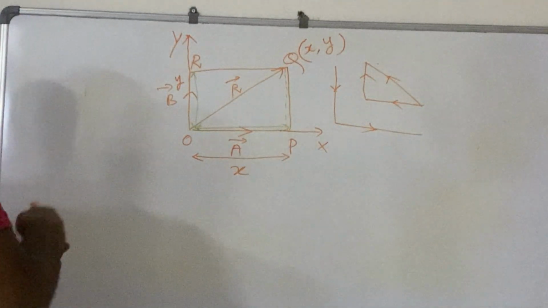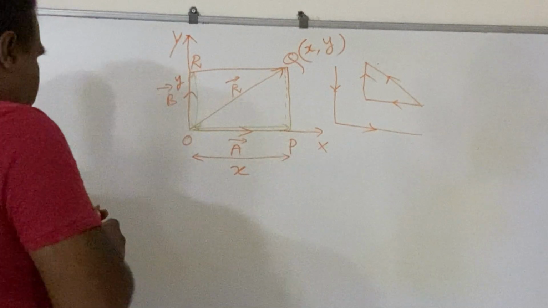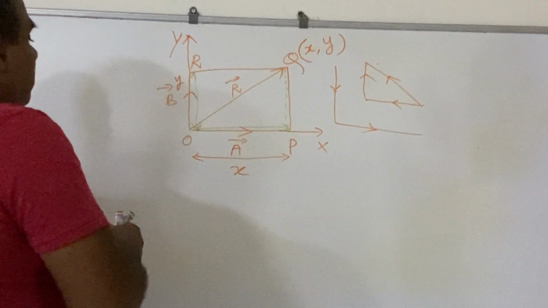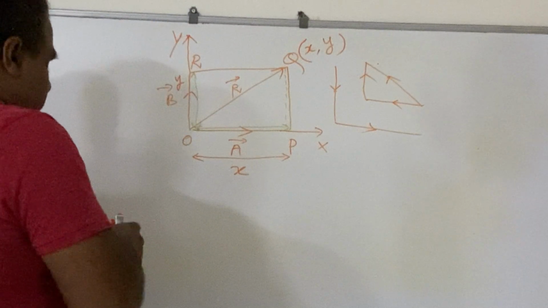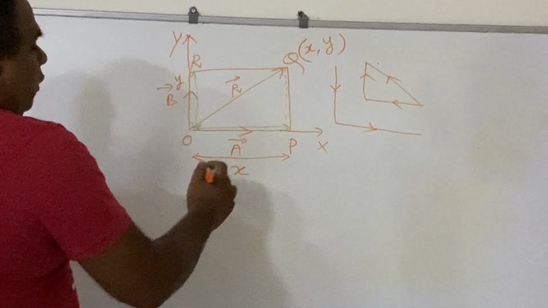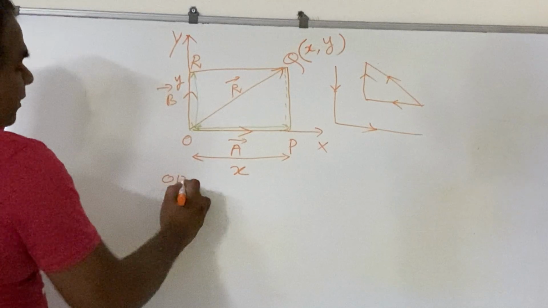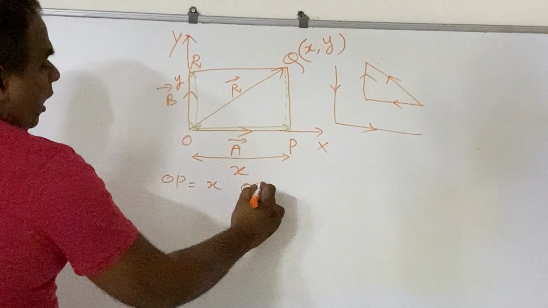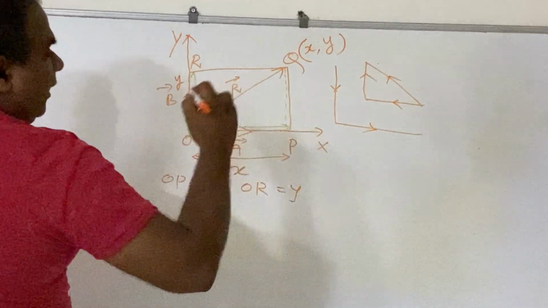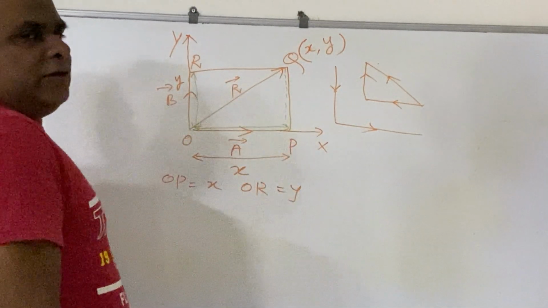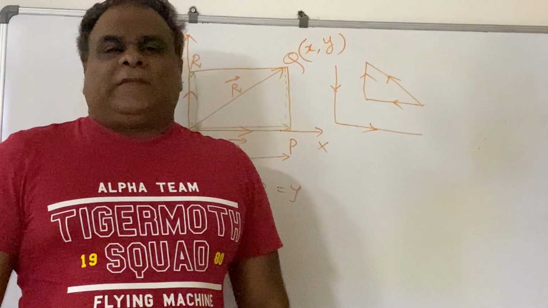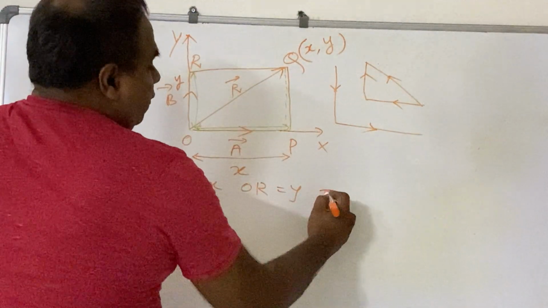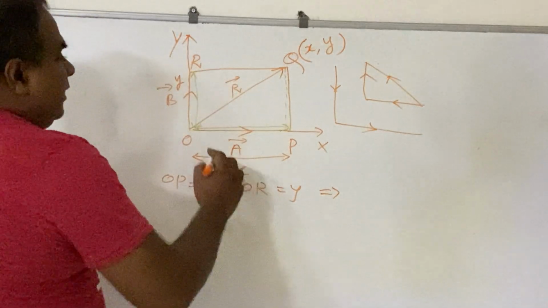So what you understood here is that OP is equal to x and OR is equal to y. Understood? Correct? From parallelogram law, what are we getting?